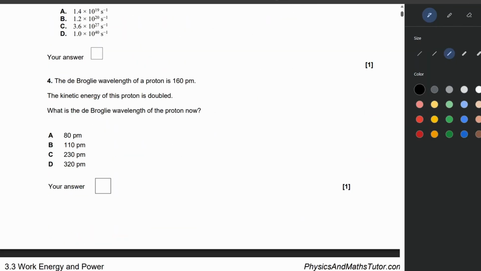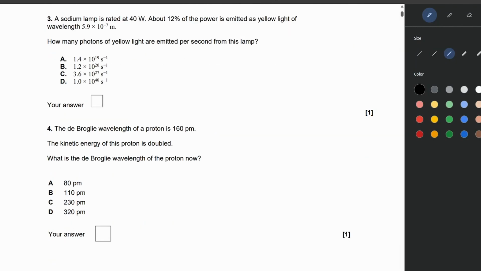A sodium lamp is rated at 40 watts. About 12% of the power is emitted as yellow light of wavelength 5.9 times 10 to the minus 7 meters. How many photons of yellow light are emitted per second from this lamp?